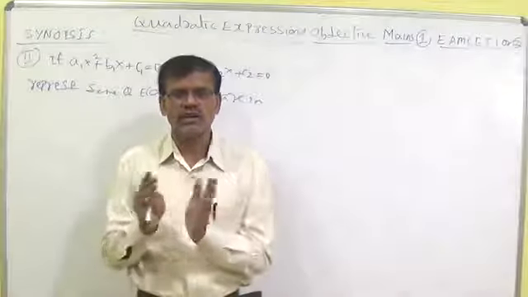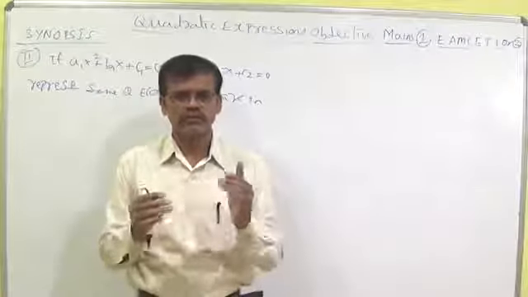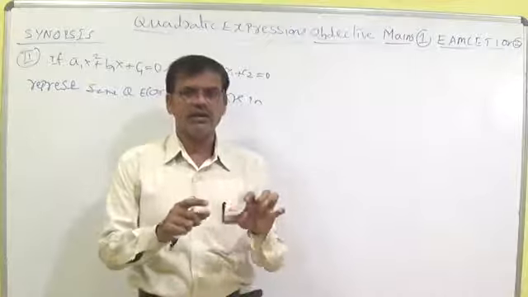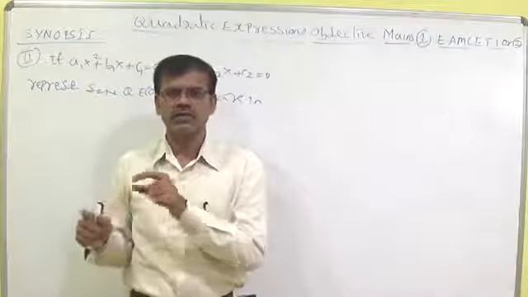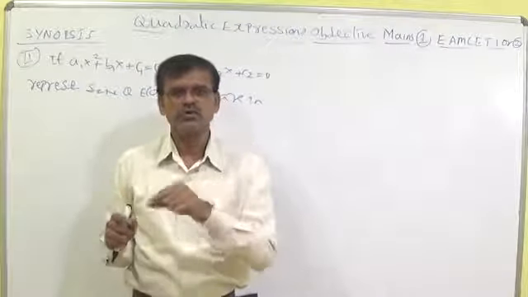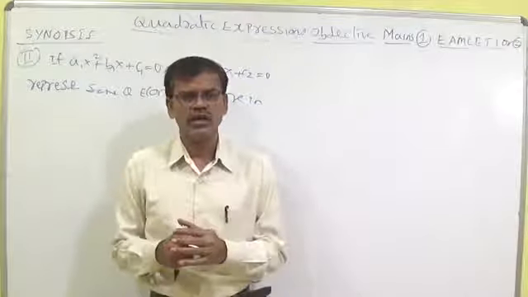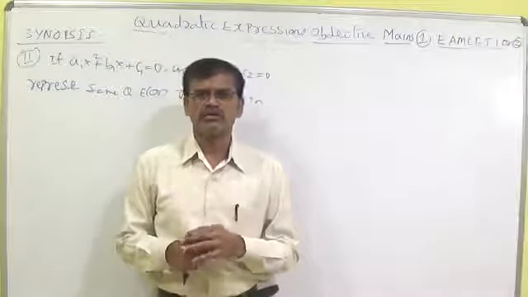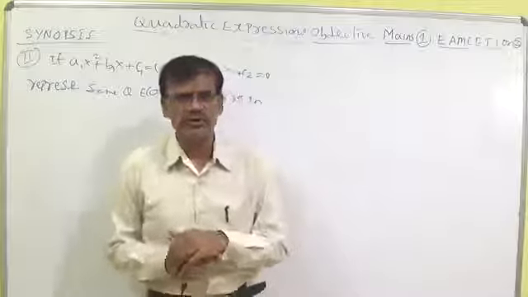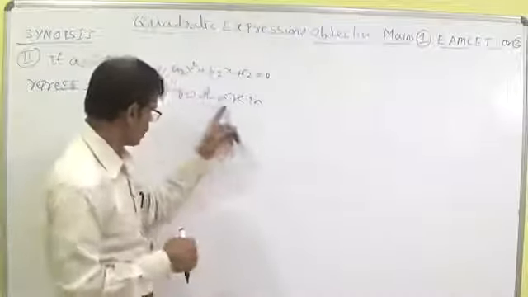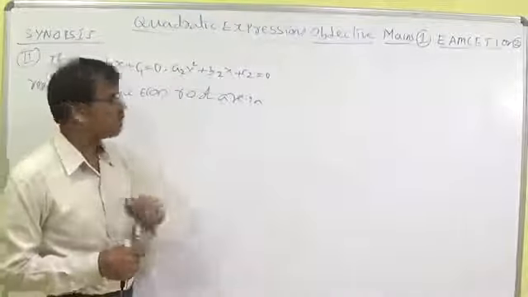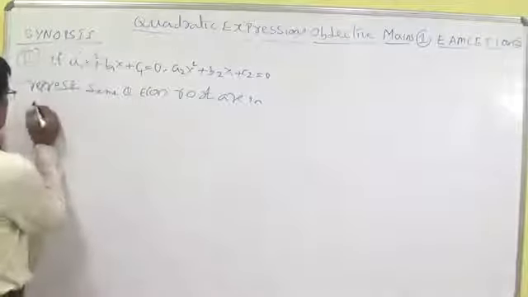So if any number k is multiplied to the roots of the first quadratic equation, then we get the second quadratic equation with roots multiplied by k. Then we can say that the roots are in proportion. If the roots are in proportion, they represent the same quadratic equation.